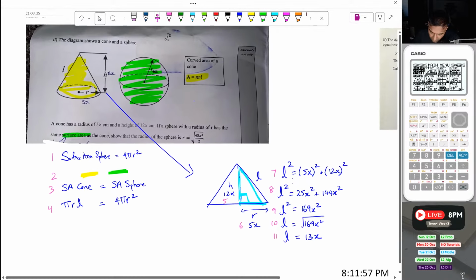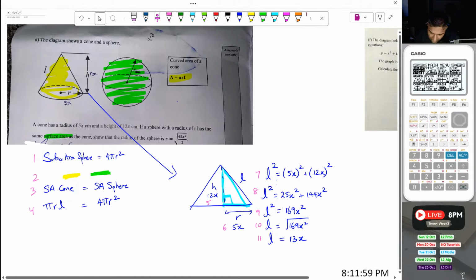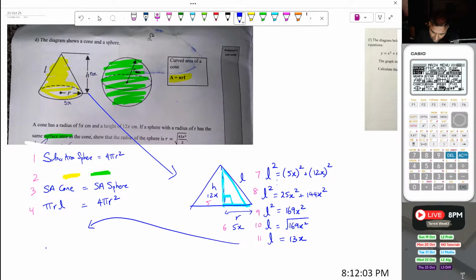All right, now that I've got L is equal to 13x, I can go back to this equation and write down pi times radius, which equals 5x, times L, which is equal to 13x, which is equal to 4 pi r squared. Now I need to rearrange everything so that r is by itself.